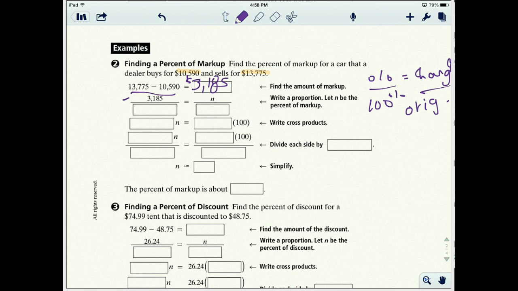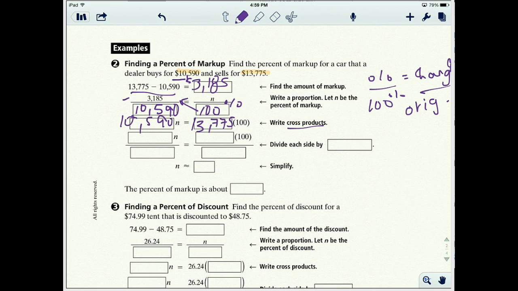The original was 10,590, so over 10,590, and over 100%. Let's do our cross products. So it's going to be 100 times 3,185 and 10,590 times n. That's our cross products.